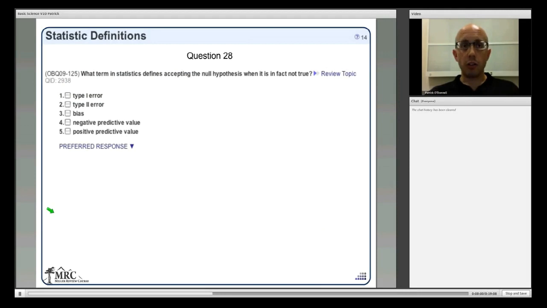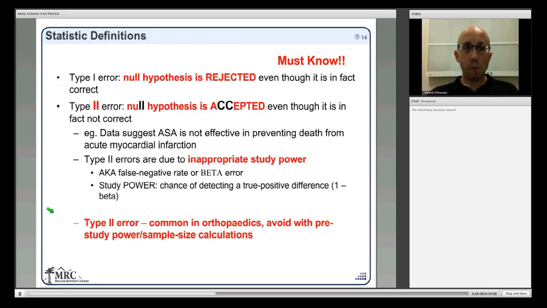Statistics definitions. What term in statistics defines accepting the null hypothesis when it is in fact not true? You must know this. This is something that's the new wave of orthopedics, because everybody's recognizing the amount of beta errors that are occurring in orthopedics. So a type 1 error, the null hypothesis is rejected, even though it is in fact correct.